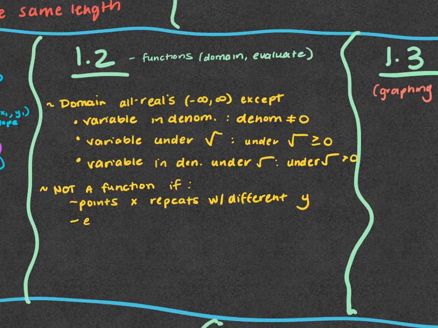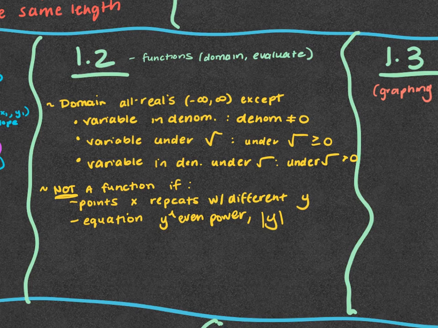And if I'm looking at an equation, y cannot be raised to an even power, or y can't be an absolute value. That's when it's not a function. All other times it is a function. So you will get one question that is simple, yes or no, is it a function? And it will be either the points, the equations, or a graph, but that's basically how you would do any of them.